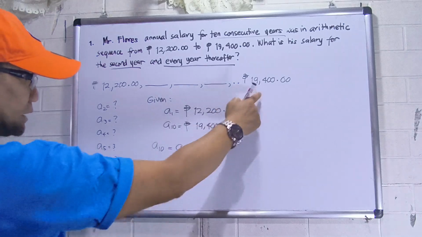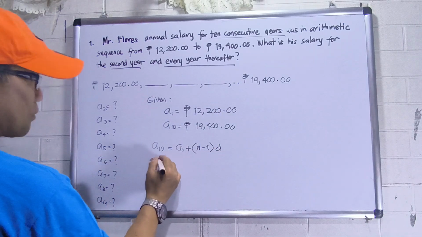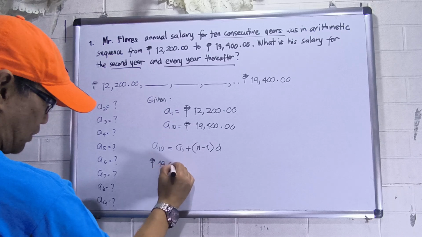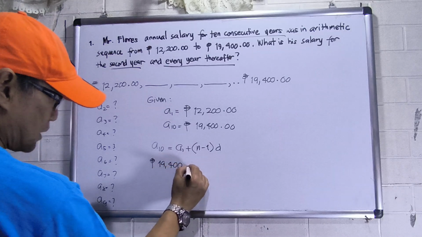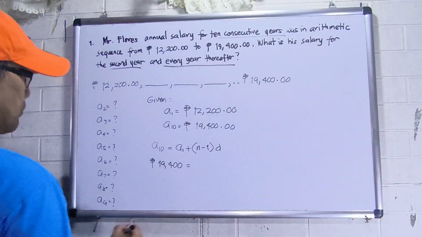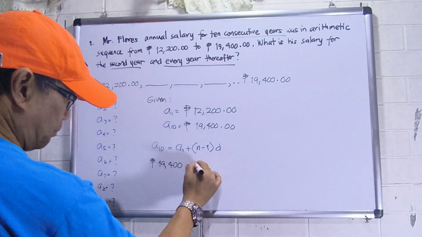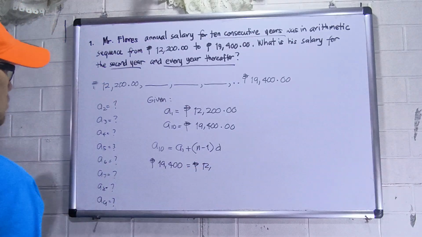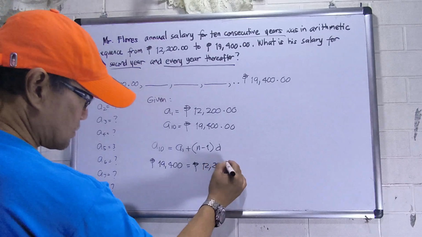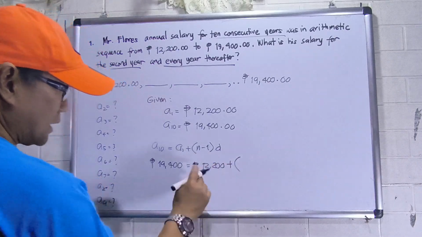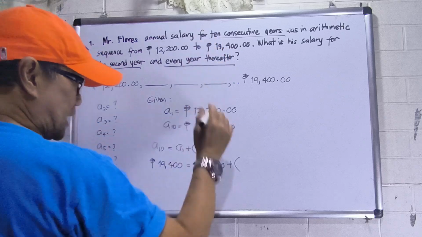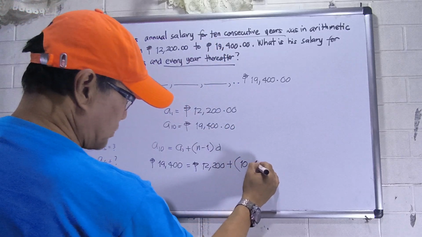So A10, which is 19,400, is equal to A1, 12,200, plus N, as I said, this is 10, 10 minus 1.